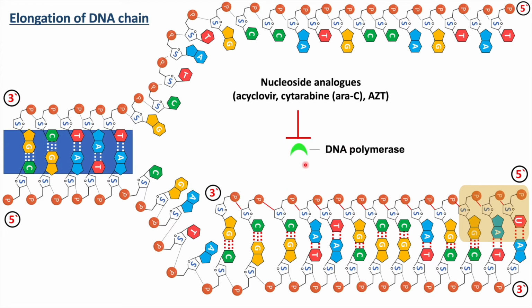The way they do this is that these nucleoside analogs lack the 3'-hydroxyl group. If you don't have this 3'-hydroxyl group, DNA polymerase cannot elongate the new DNA strand. Therefore it competitively inhibits the DNA polymerase enzyme, and that way it arrests viral DNA replication.